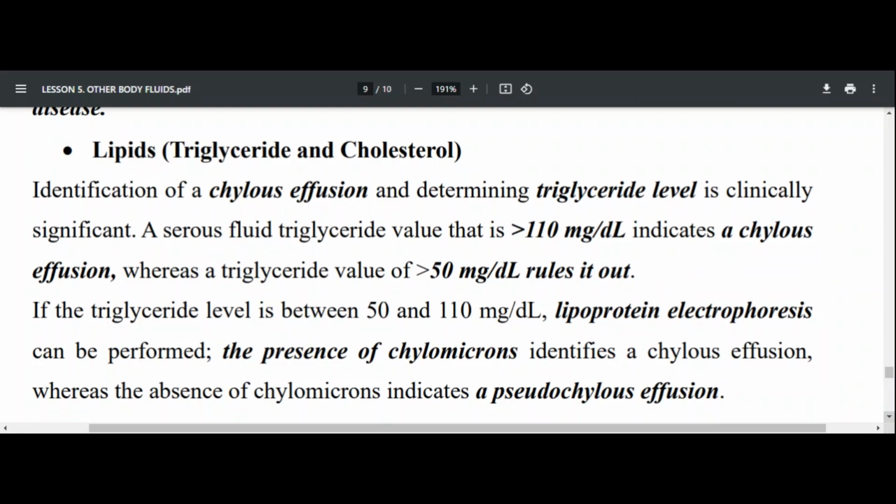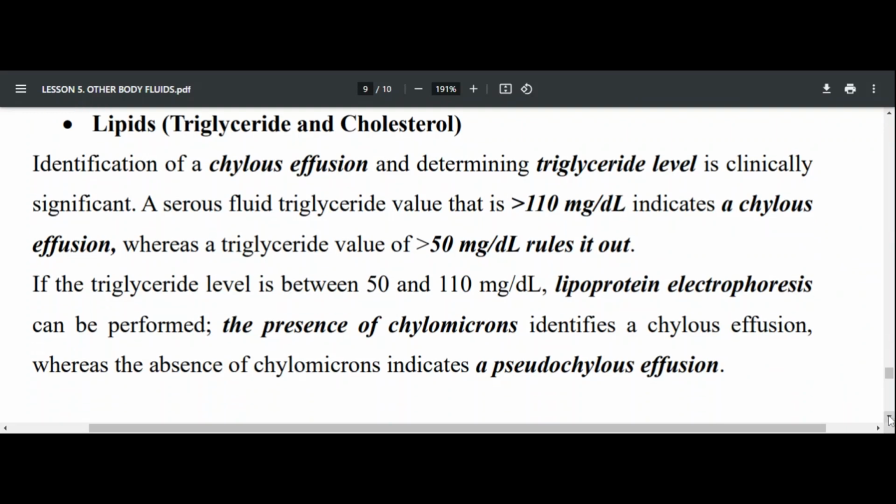Using those terms, you can remember what causes pseudochylous effusion and what causes chylous effusion. Pseudochylous normally is associated with chronic inflammatory conditions, for example rheumatoid arthritis, but chylous is normally associated with rupture and blockage of the lymphatic drainage and other vessels, which leads to the accumulation of chylomicrons and triglycerides.